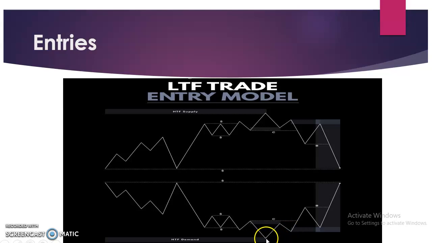But meanwhile, this particular support was still protected. Price found a resistance over here, pulled a little bit back, and eventually this resistance was broken. It is showing you that we have changed character from a series of lower highs and lower lows to a series of higher highs and higher lows.